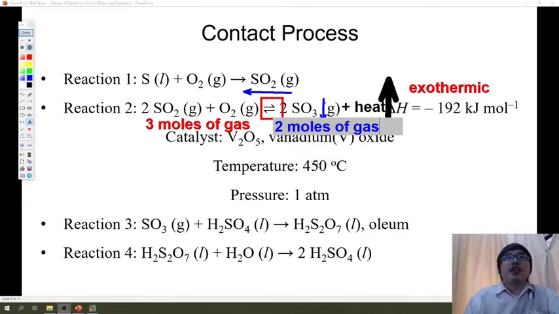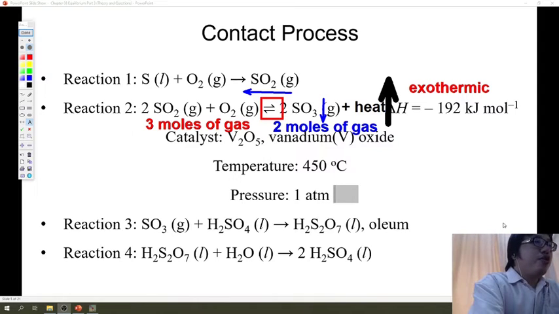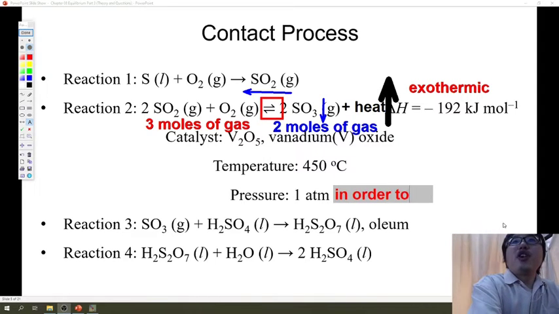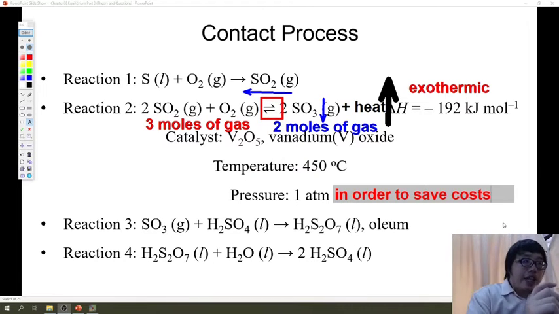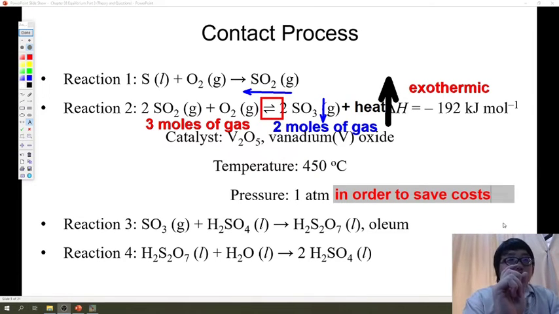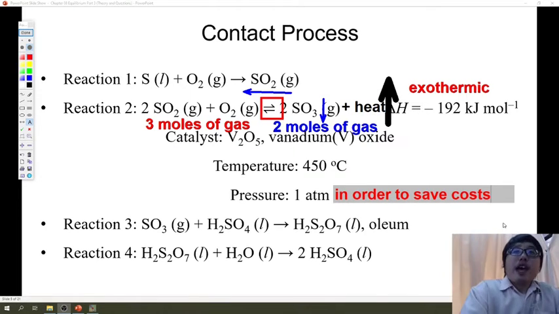The biggest reason why they did not increase the pressure is to save cost. The higher your pressure, think of the wall of the container. You cannot put it inside a thin container like this, you must put it inside a thick container like this.